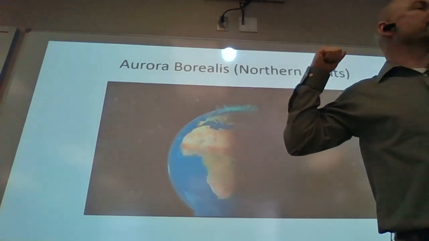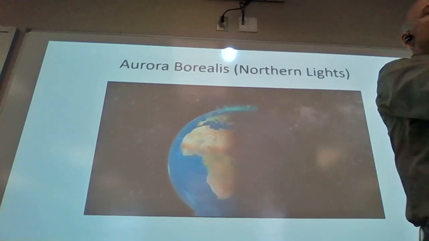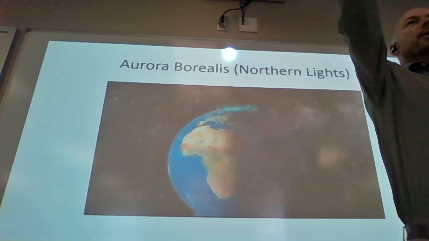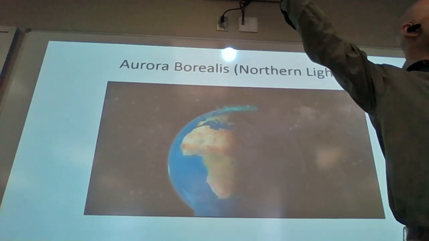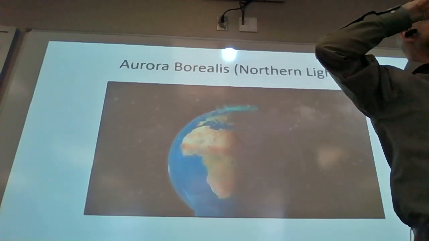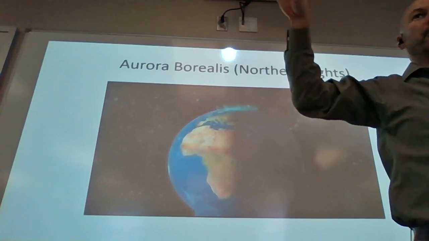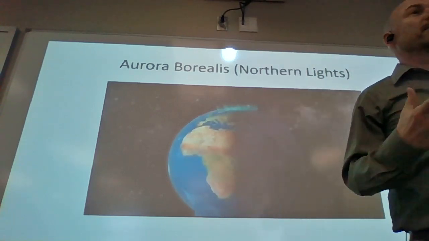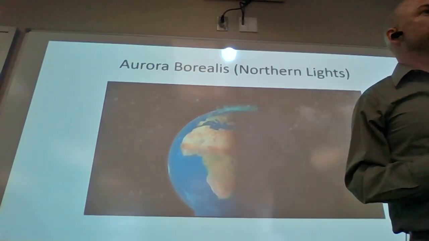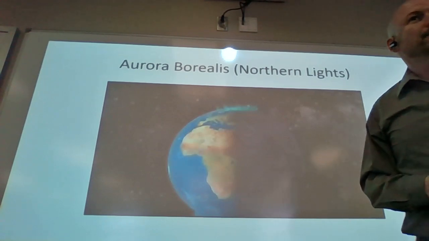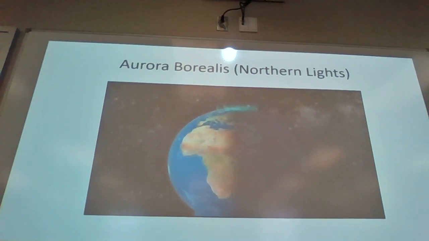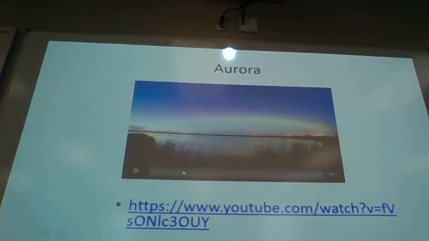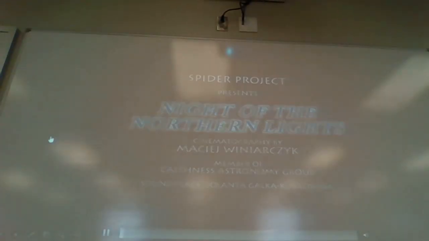They collide into gas molecules in our atmosphere. They cause electrons to jump up to a higher orbital state, and then when they fall back down, they emit photons or light, and that's what causes the northern lights. Cool with that? So here are some videos of such northern lights.